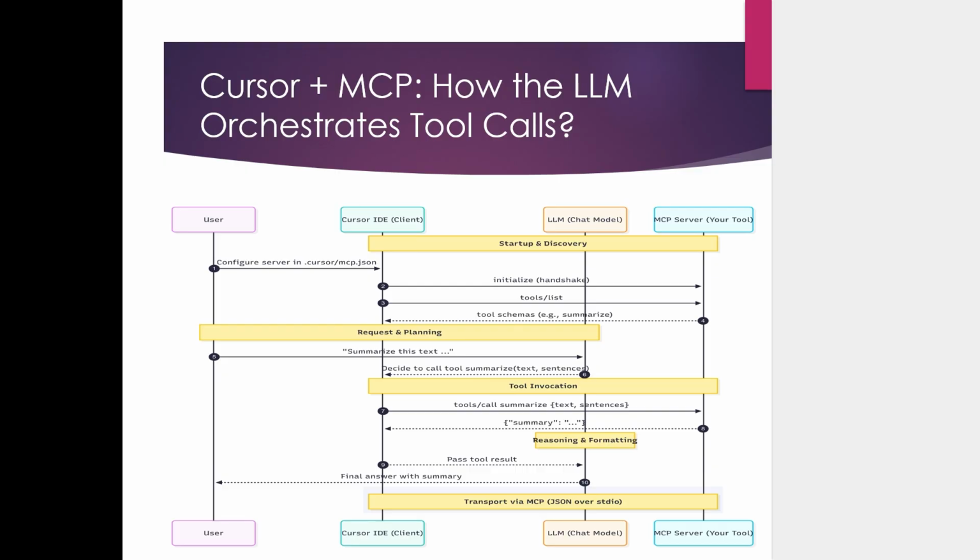We also saw how the different actors, like the user, the actual Cursor IDE, the LLM chat model which is part of the Cursor IDE chat, and the configured MCP server come into the picture in different phases of startup and discovery, request planning, tool invocation, and finally the reasoning and formatting. I hope you have understood the actual mechanism of how Cursor and MCP work together.